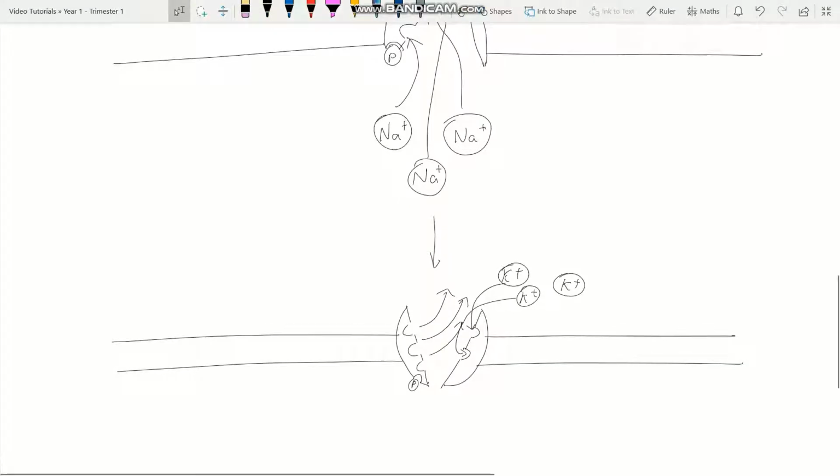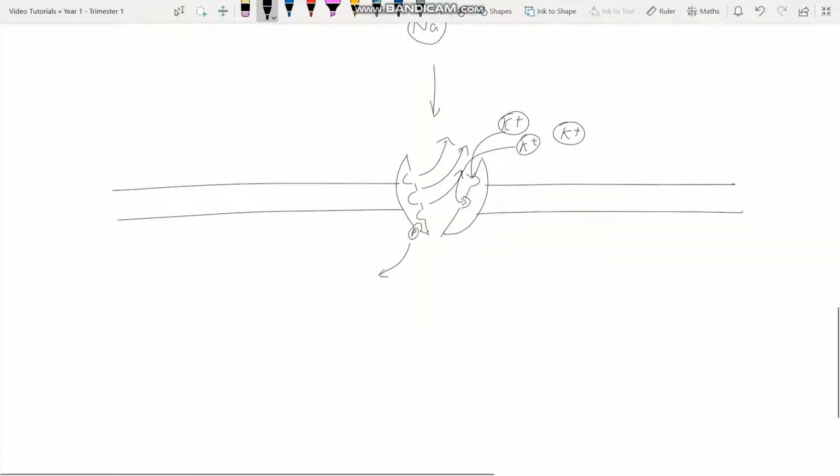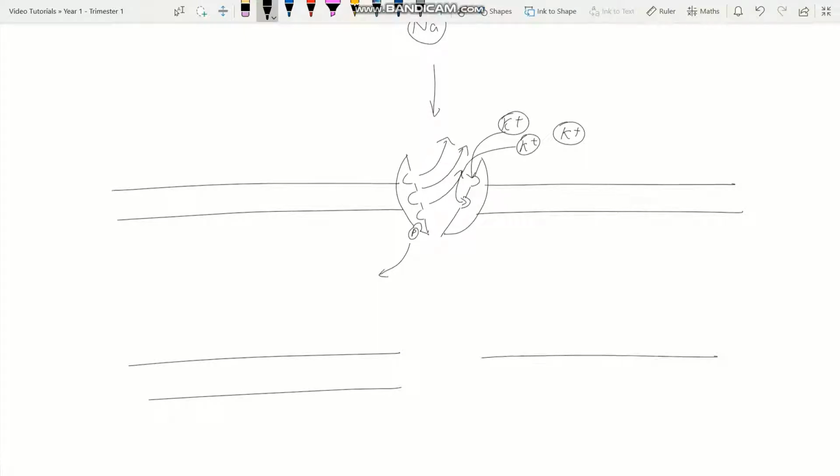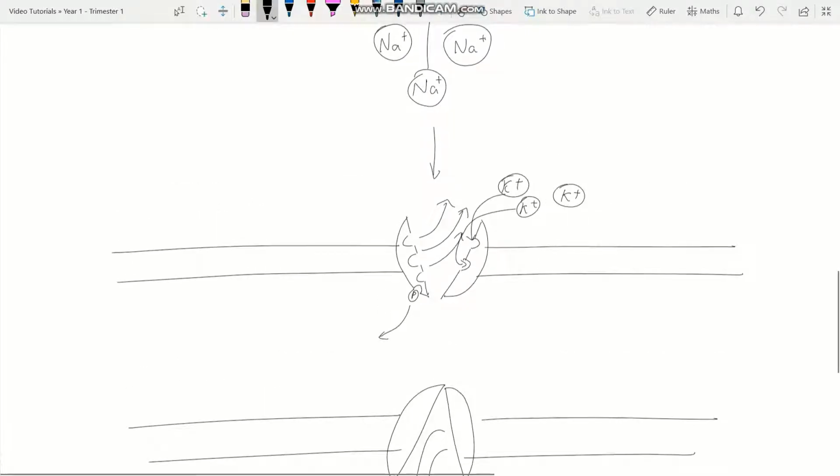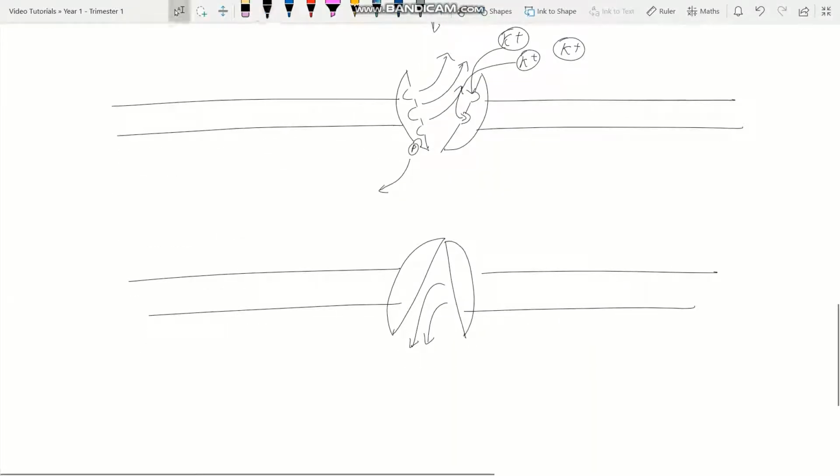And the binding of these, in combination with the phosphate group, and eventually this phosphate group being removed, allows for another conformational change, wherein the transporter moves back to its original state, and the potassium molecules that were present on the outside of the cell can now be present on the inside of the cell.